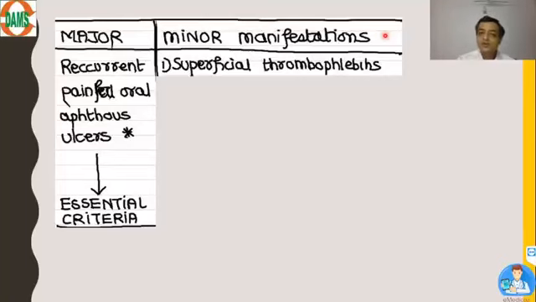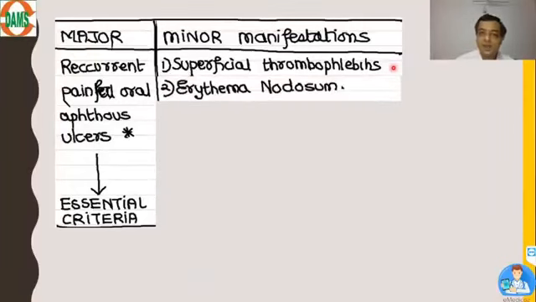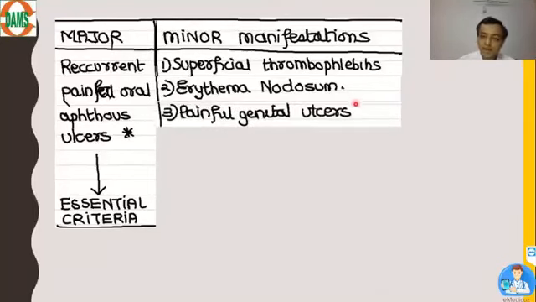Minor manifestation number 1, superficial thrombophlebitis. Number 2, erythema nodosum. Number 3, painful genital ulcers.